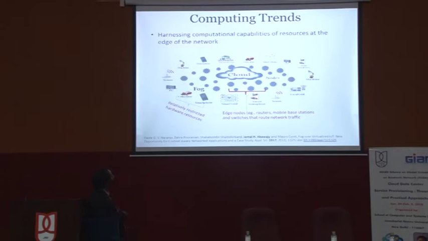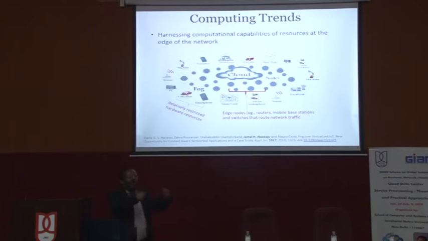The concept of fog computing is, why don't we use the nodes such as routers, mobile base stations, switches, and so forth between the cloud data center and these application producers?